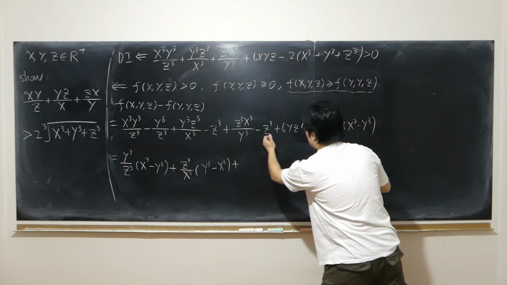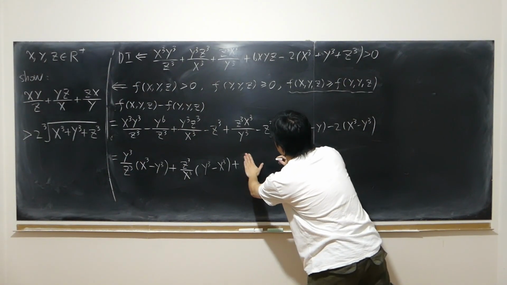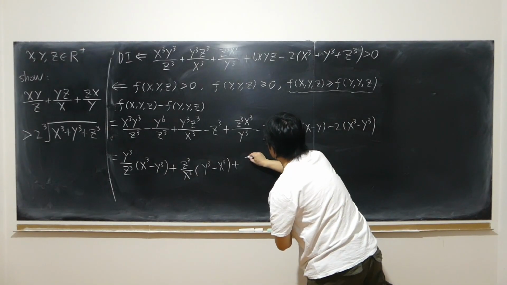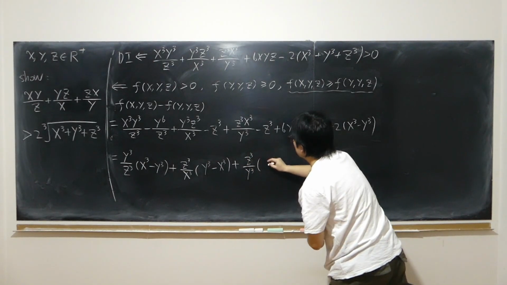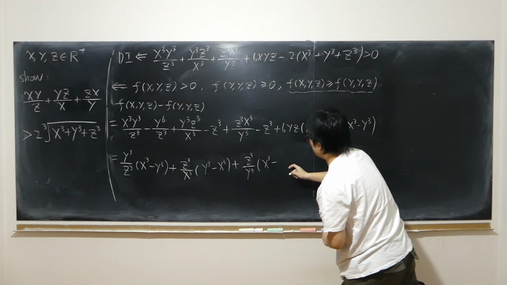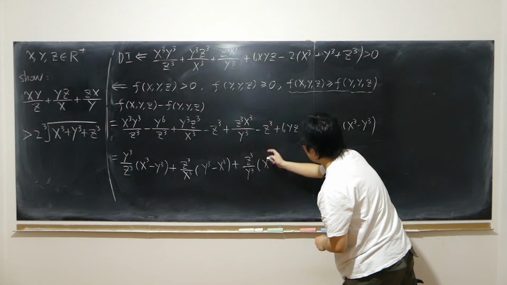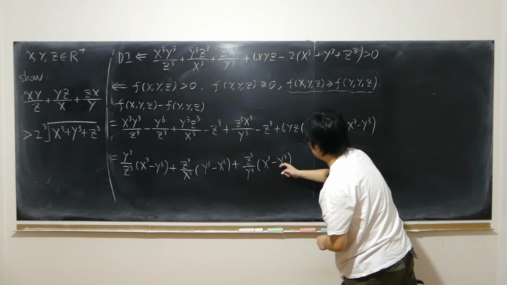So this term, with common factor we have x cubed, z cubed over y cubed, right? Here we have x cubed minus, like I said, multiply this term by y cubed. Still the same thing.